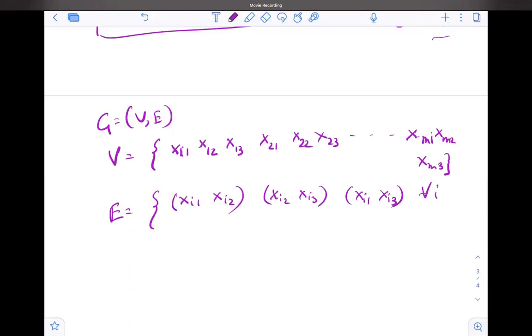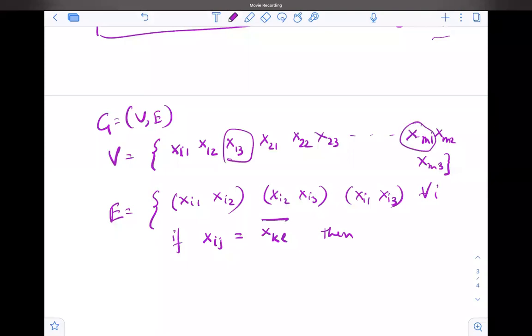And next, if xij is the complement of, say, fkl, so basically these two are the same term except that one is the complement of the other, then I put an edge between them.